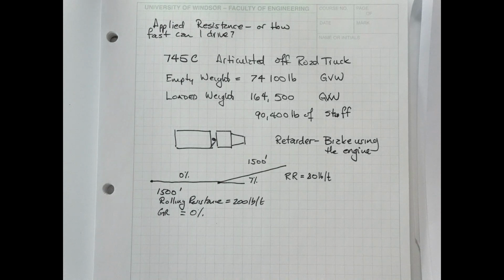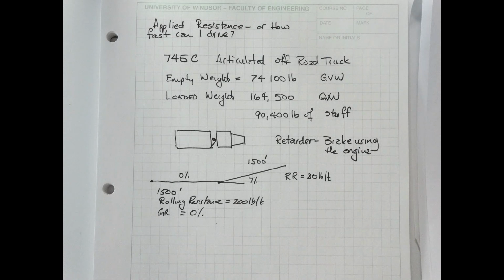We need to pay attention to the vehicle that we're using and what type of load is sitting on its drive axles. So we have to look that up, and I'm going to be kind as can be and not look it up. I'm going to give it to you.